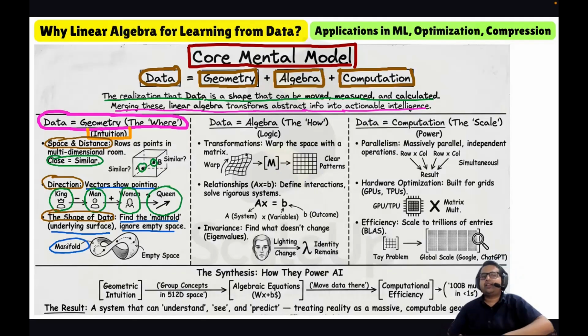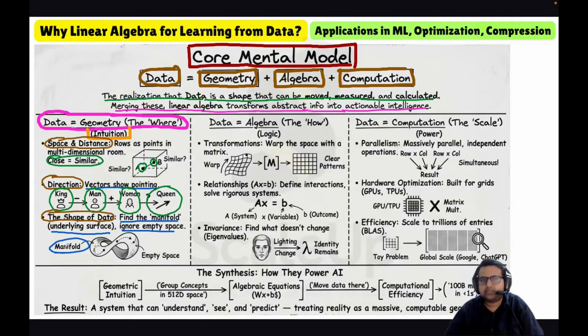So now it's very clear what data is equal to geometry means. If the data is represented in the form of vectors and matrices, then it will give us some special intuition. We will be able to decode the "where": in a multidimensional space, the distance between the data points will give us an idea about whether the two data points are similar.